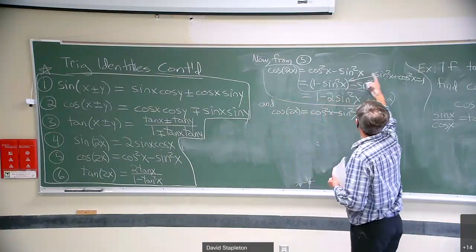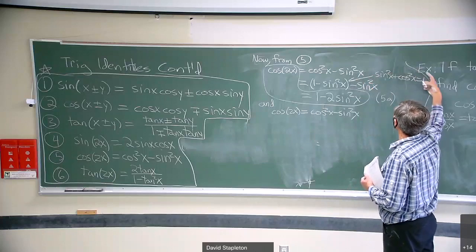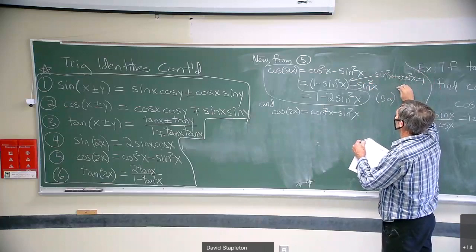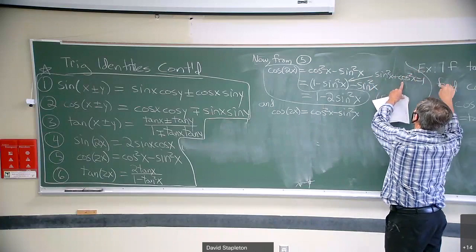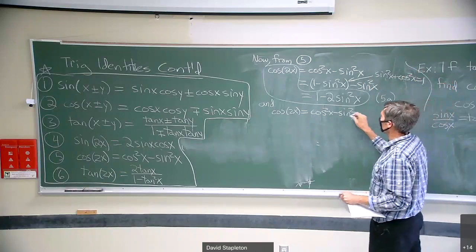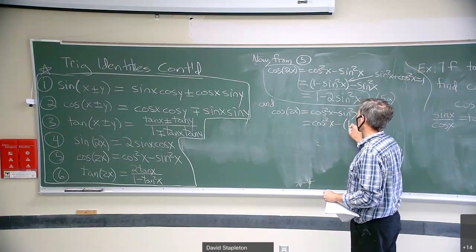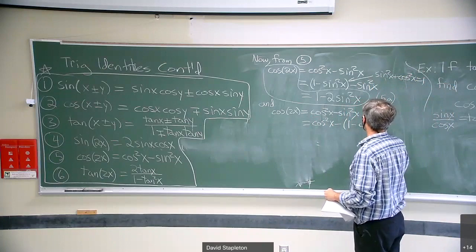This time, let's use the Pythagorean identity to replace sine squared with 1 minus cosine squared. Subtract cosine squared, and you can visualize that sine squared is 1 minus cosine squared. So let's replace this one also by the Pythagorean identity, 1 minus cosine squared x.